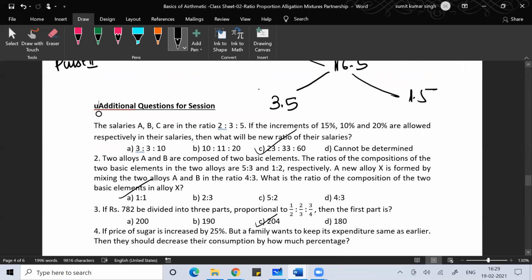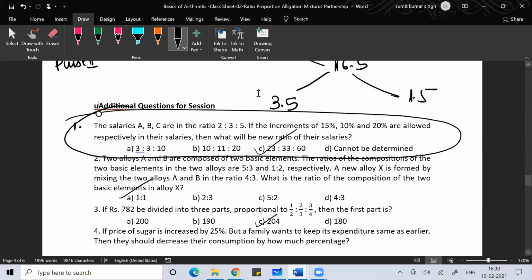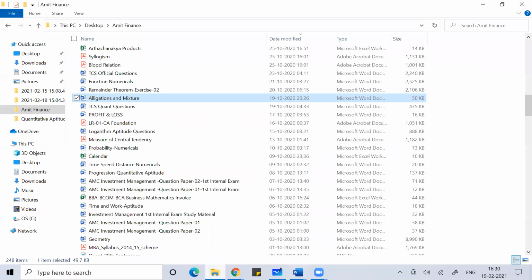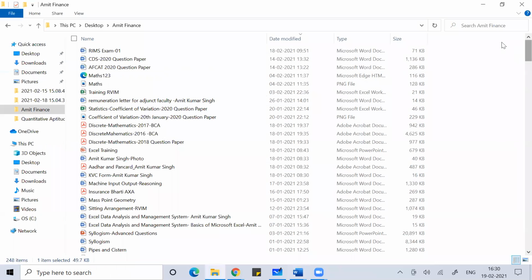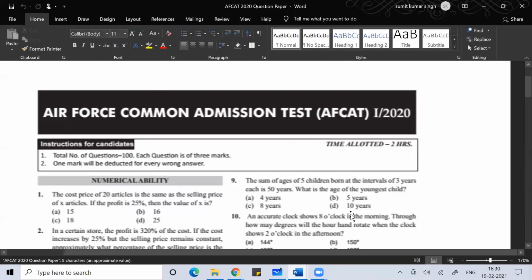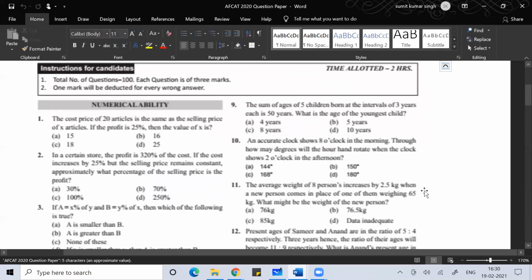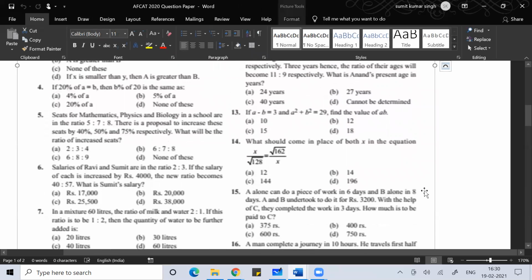Now, this question is one of the favorite questions of many exams. I'll show you this year's AFCAT paper, Air Force Common Admission Test, AFCAT paper 2020. If I show you this AFCAT paper, the same question came.